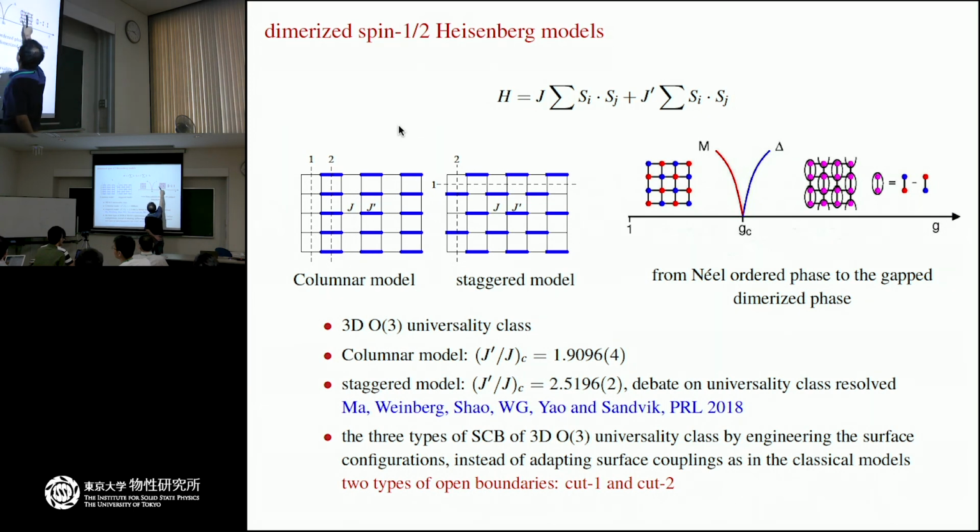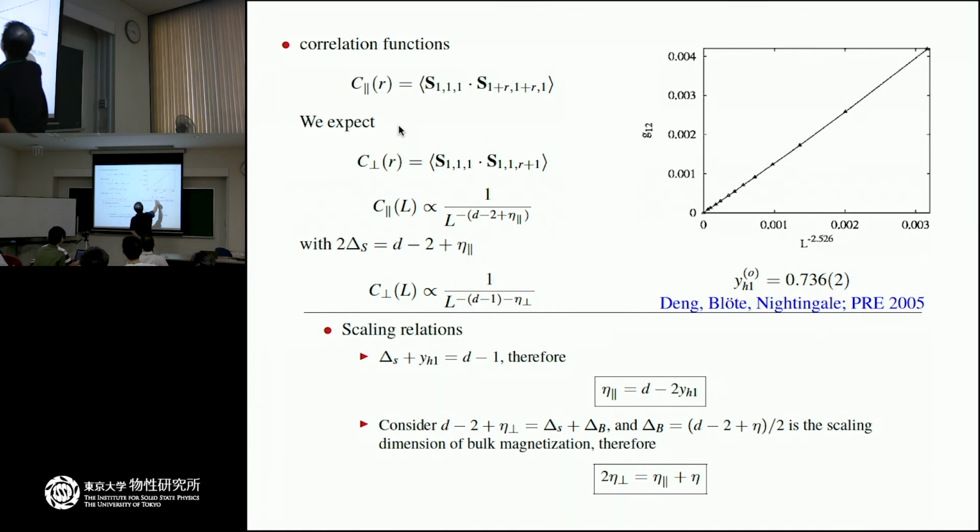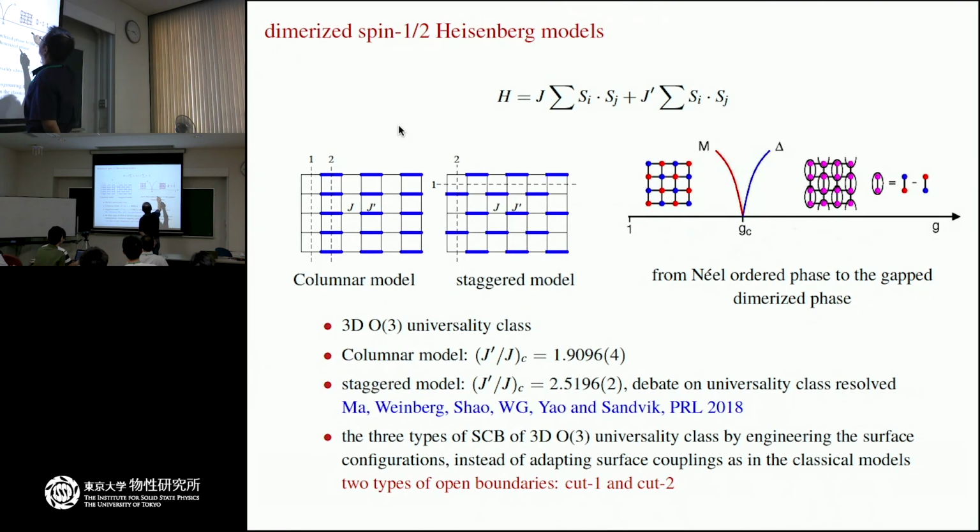Here it is J prime and J double prime. So I can also give you a similar phase diagram for this model, right? A different Hamiltonian. But you see this J prime has different locations, here and here.